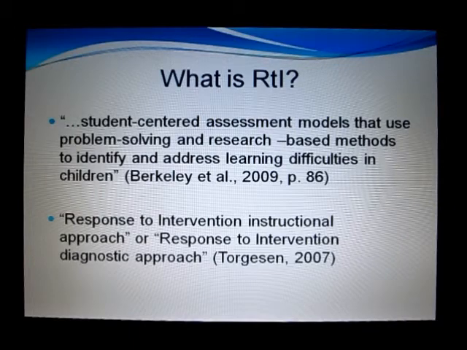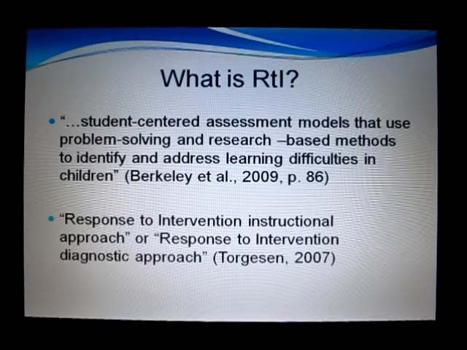Torgesen broke this down into two views of RtI. He says that RtI can be looked at from the response to intervention instructional approach, which is that tiered model that most of us think of, with the green being tier 1, the yellow being tier 2, and the red being tier 3, and how the interventions intensify with each level.